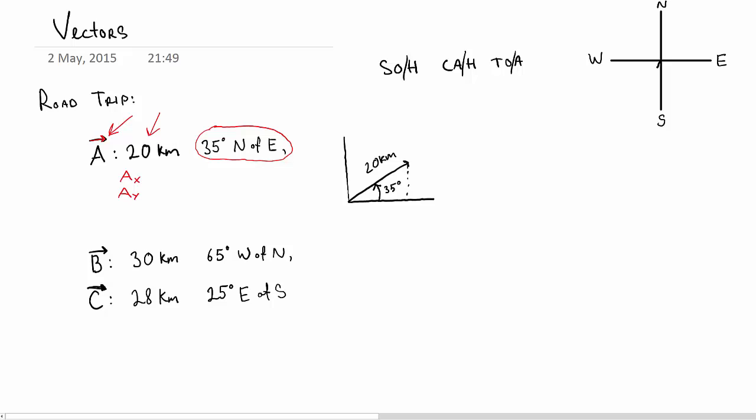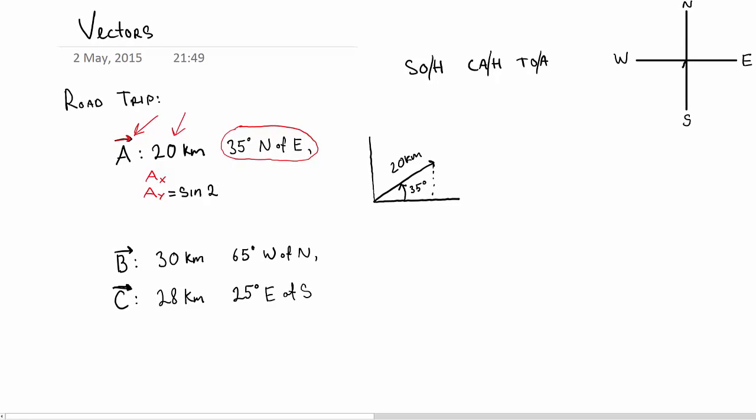The sine is opposite over hypotenuse. And that's going to be our y component: sine of 35 degrees times 20 kilometers.